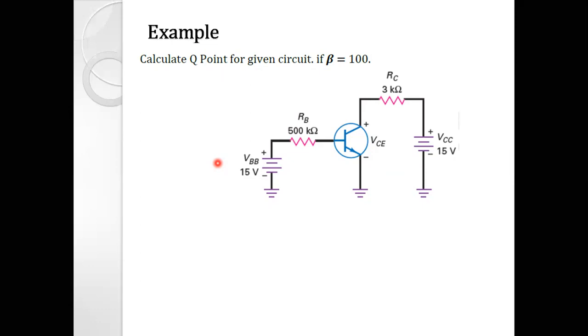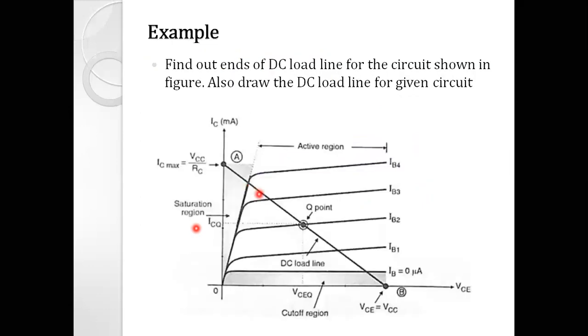Quiescent point means the point on the load line which intersects the IB curve on the output characteristic of the common emitter configuration. So this is the Q point, which lies on the load line and intersects one of the base current curves. We are supposed to find the location of this point on the output characteristic.